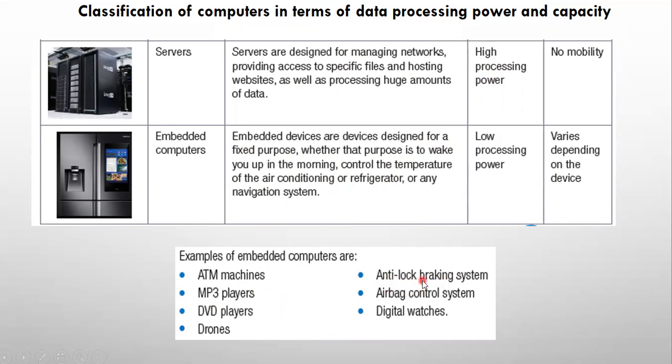There's also the anti-lock braking system, airbag control system, digital watches. So a lot of devices you use have an embedded computer. They have low processing power, and it varies depending on the device. The mobility varies, depending on the device. Obviously, you cannot move the refrigerator around, so it all depends on the device.